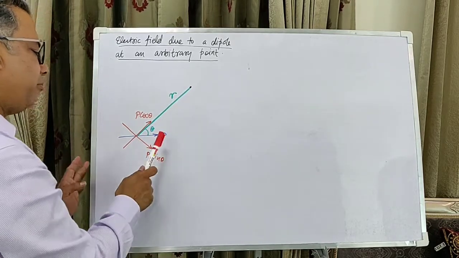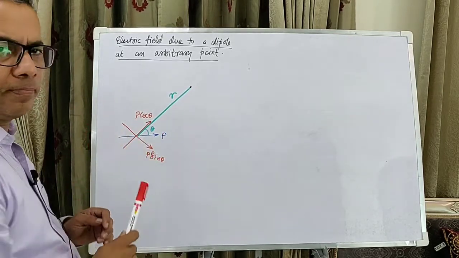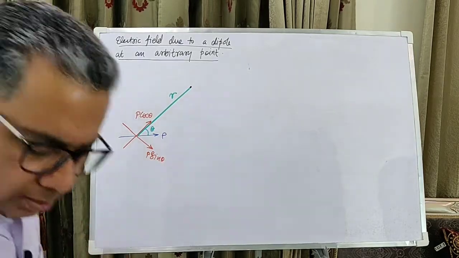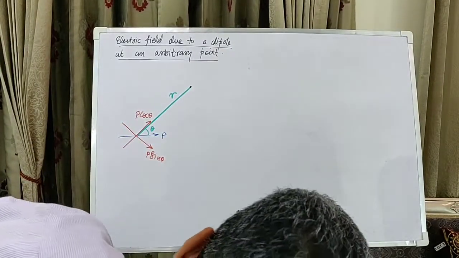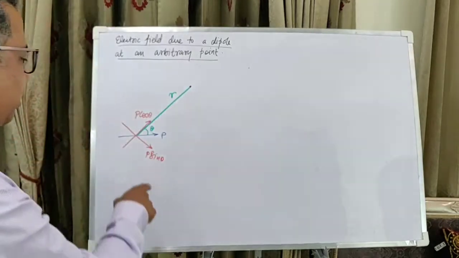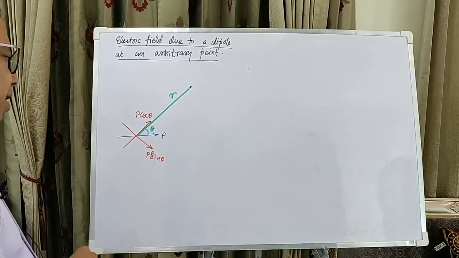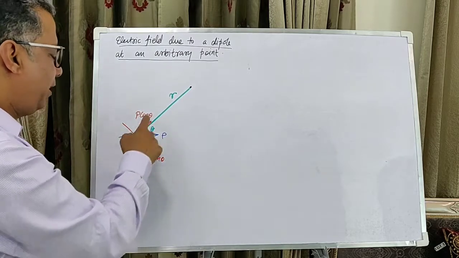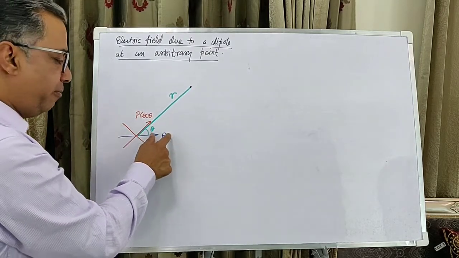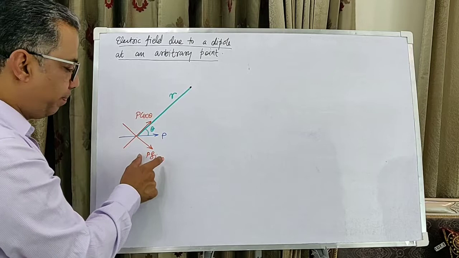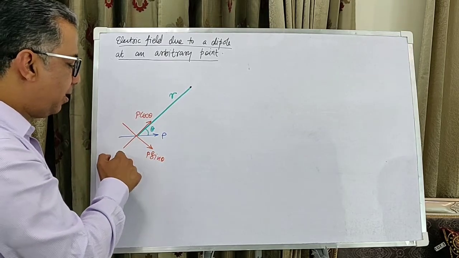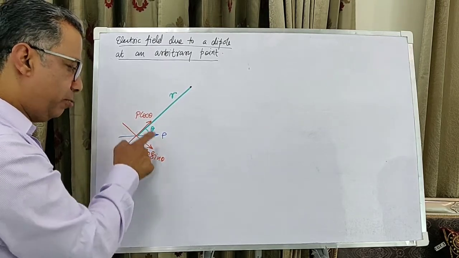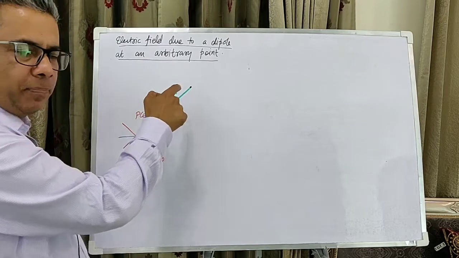So now in place of one dipole I have two dipoles. What I will do is calculate the electric fields due to these two dipoles at this point. I'll be calculating the electric fields due to these two dipoles separately.